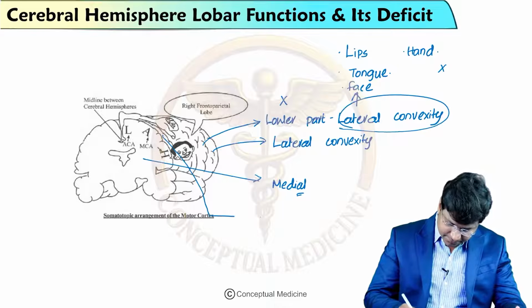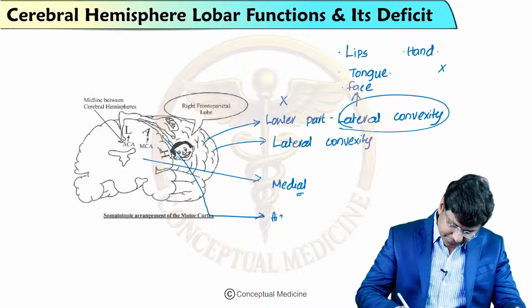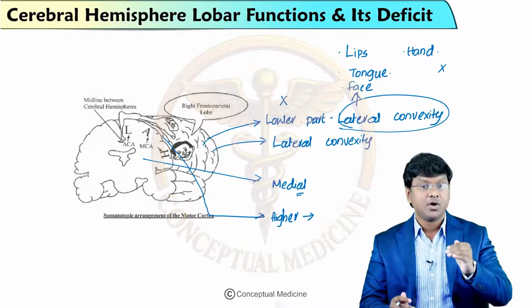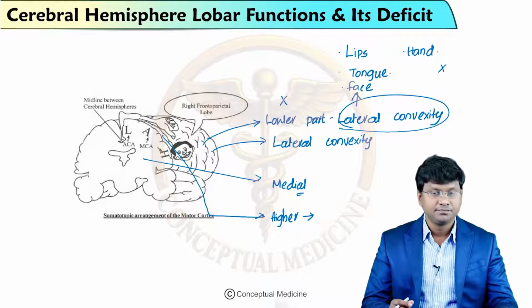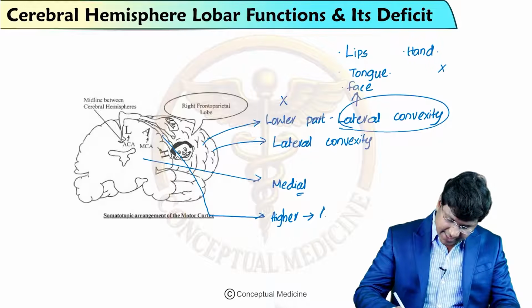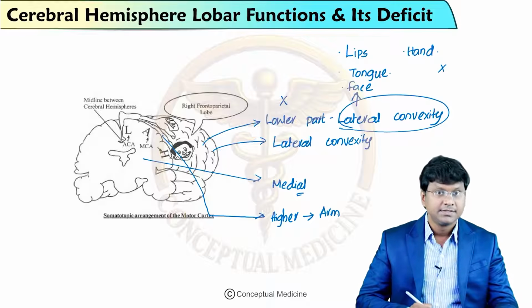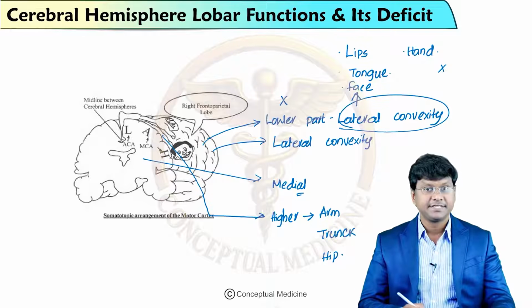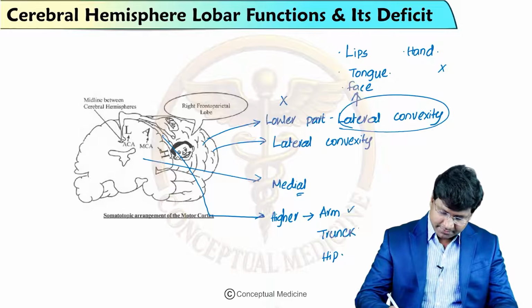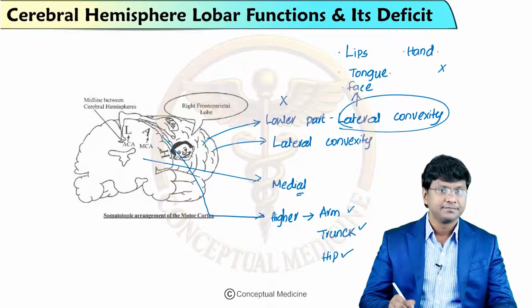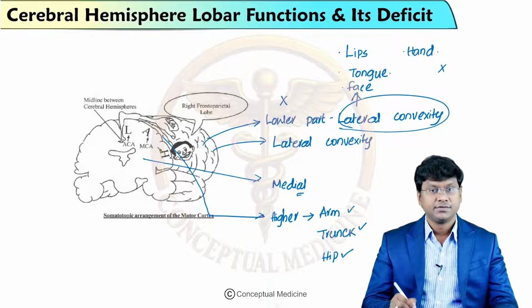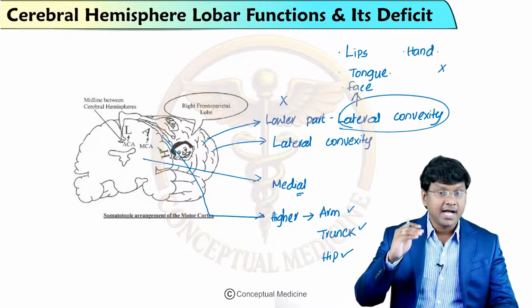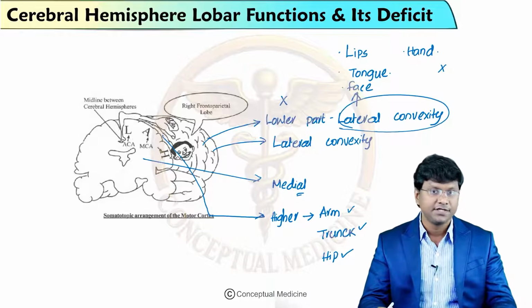Higher on the convexity of the frontal lobe, you have the arm, the trunk and the hip. These are the structures represented higher on the convexity of the frontal lobe.